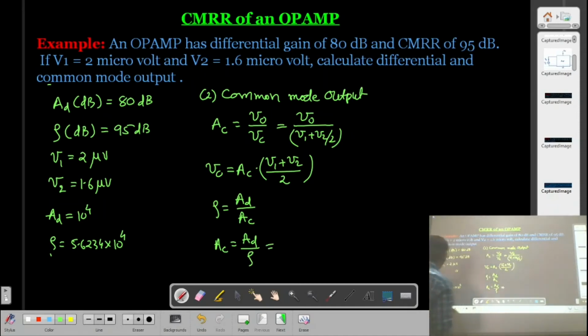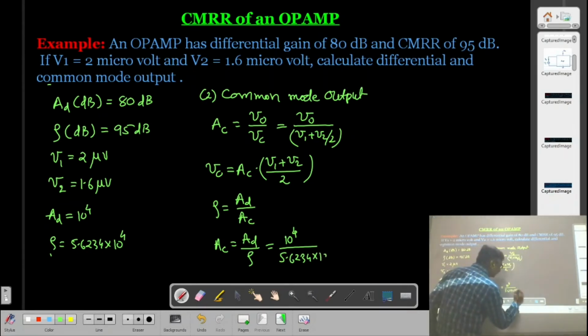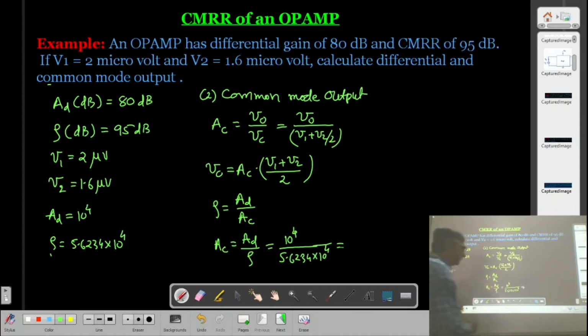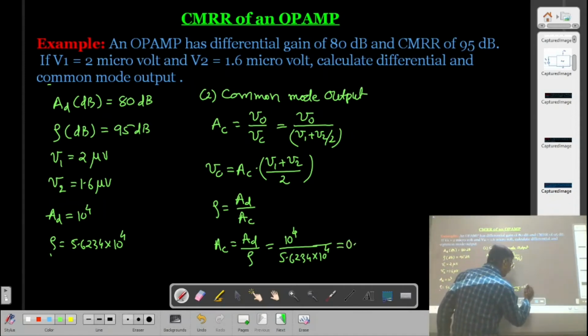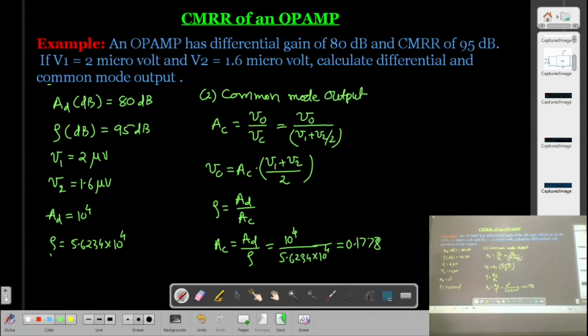The differential gain is 10⁴ and rho is 5.6234 × 10⁴. So here if you calculate this, then this will come out to be 0.1778.